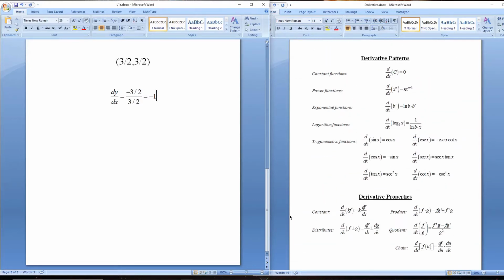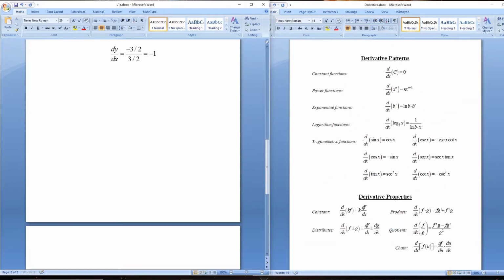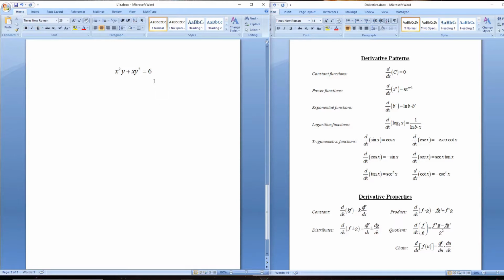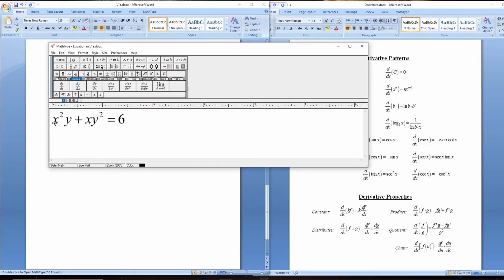So let's check out another example. How about this? We want to know what is this derivative with respect to x. So what are we going to do first? We're going to take the derivative of both sides, which is what we normally do, which is what we've been doing all this time. We've been taking the derivative of both sides.